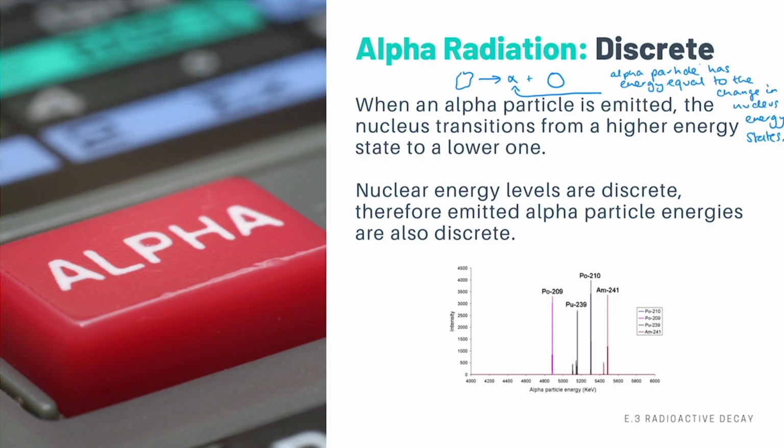Well, you can find out what the energy of an alpha particle is, and you can plot the intensity graph of it. And if you look here for polonium, then you can see that the alpha particles have discrete, absolute energy values. And those discrete absolute energy values correspond to the nuclear energy levels. So alpha radiation is proof that the nucleus has distinct energy levels.